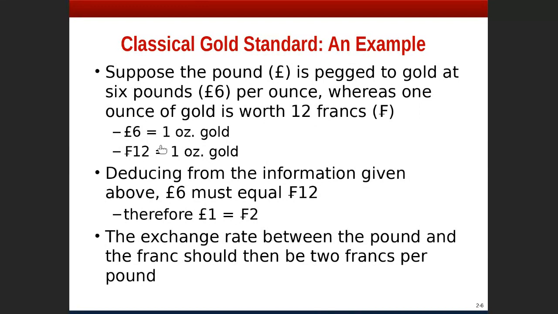That is, it will cost 6 pounds to purchase 1 ounce of gold, and it will cost 12 French francs to purchase the same ounce of gold. Deducing from the information given above, 6 pounds must equal 12 French francs, so that the exchange rate between the pound and the franc should then be 2 francs per pound.